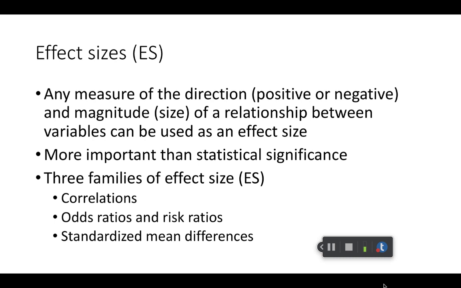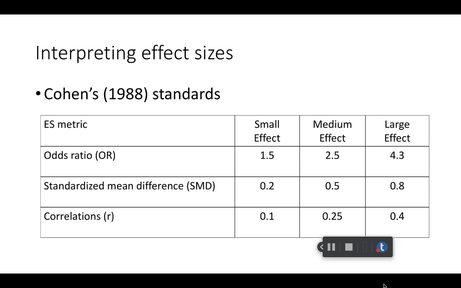And there are three main families of effect size. These are the families we've been talking about: correlations, odds ratios and risk ratios, and standardized mean differences. Here's a guide for interpreting these effect sizes, again following Cohen's standards. So here we have our three families of effect size metrics or measures with Cohen's guidelines.